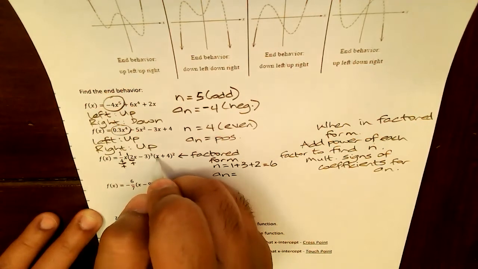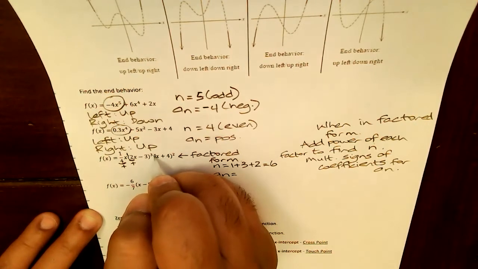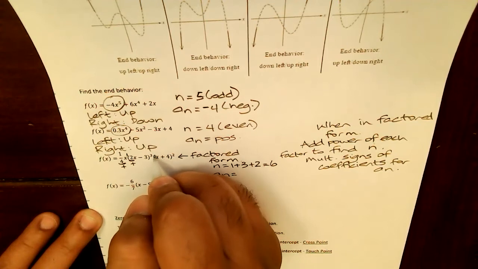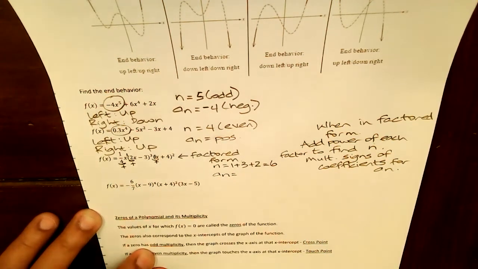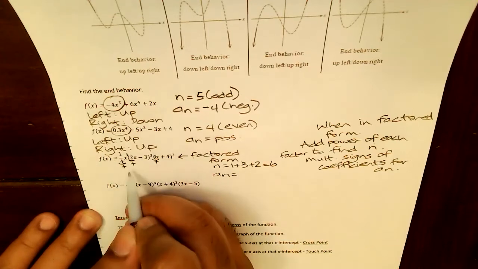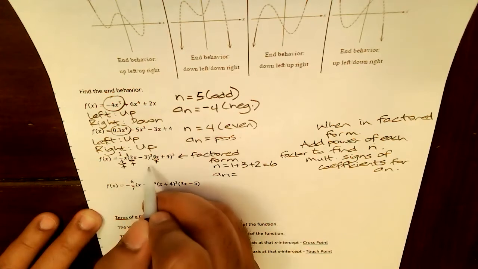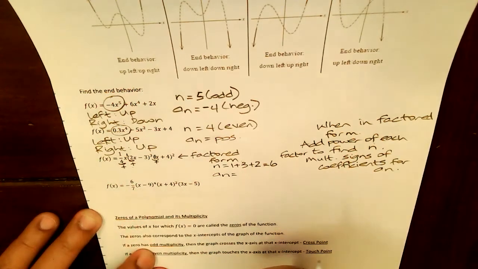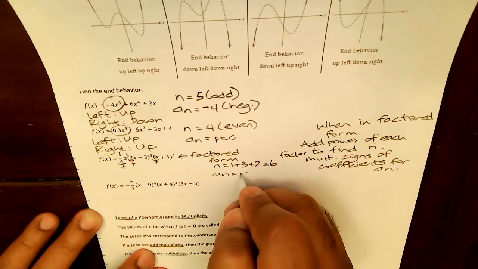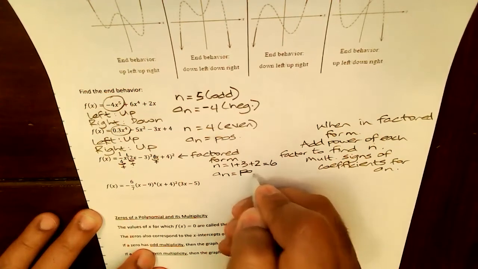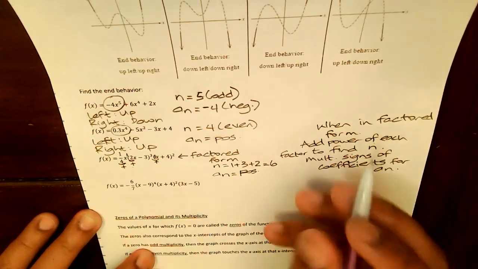And in front of this x, I have a 1. If it's just x, remember, we can think of that as 1x. That's again a positive number. So a positive number multiplied by a positive number multiplied by another positive number is going to give me a positive number. So my an is going to be positive.